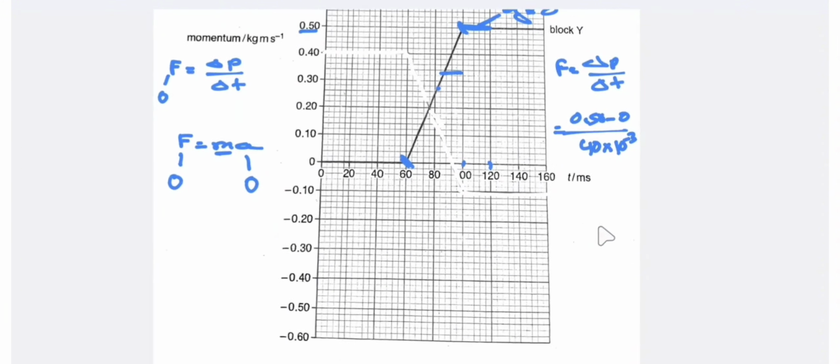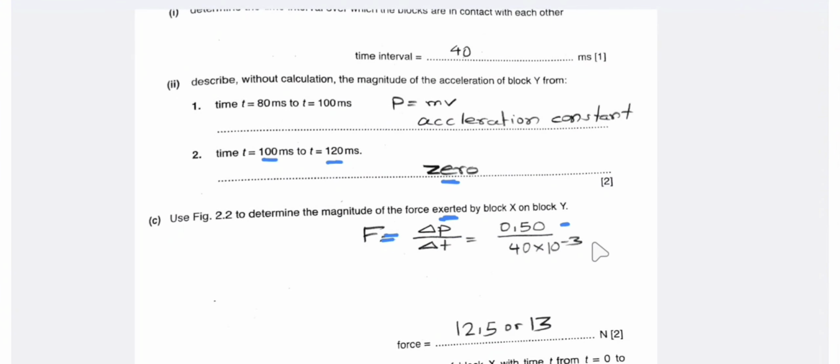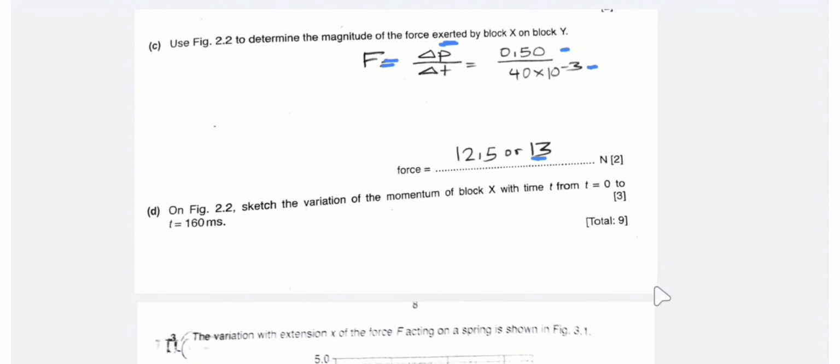So 0.50 divided by 40 times 10 to the power minus 3. So the force that we get is 12.5, or approximately 13 Newton. We must give our answer to two significant figures, that is 13 Newton.